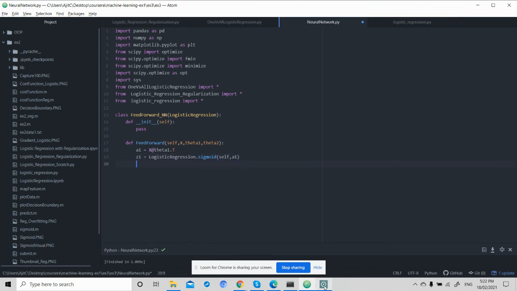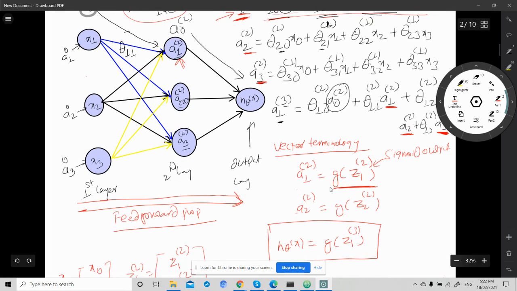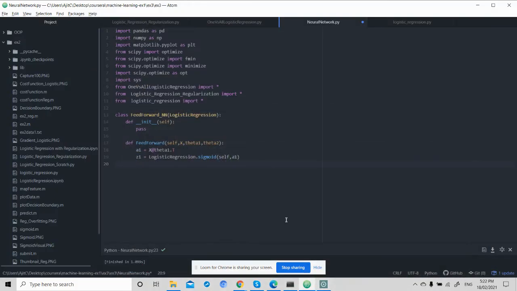So what we did right now is we calculated a1, and then we applied the sigmoid function there, and then we will again add one bias term.